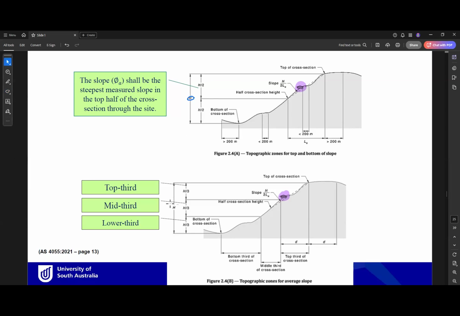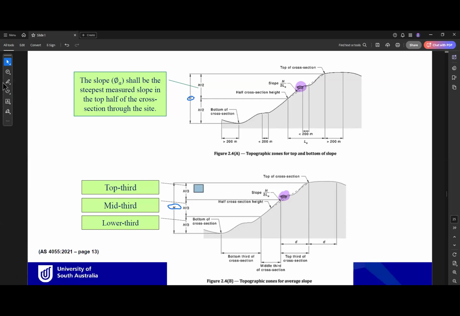or here, so the standard has subdivided this h into 3 parts or 3 thirds. Those 3 thirds are the top third of the height, mid third of the height, and lower third of the height.